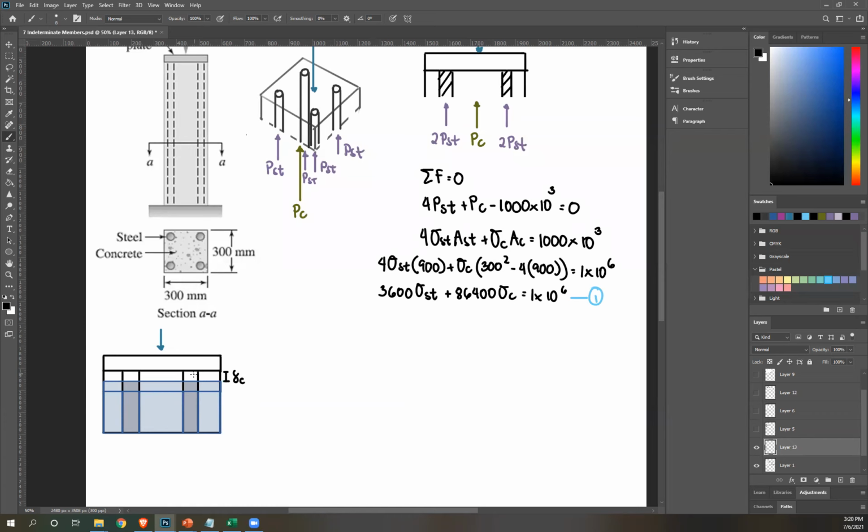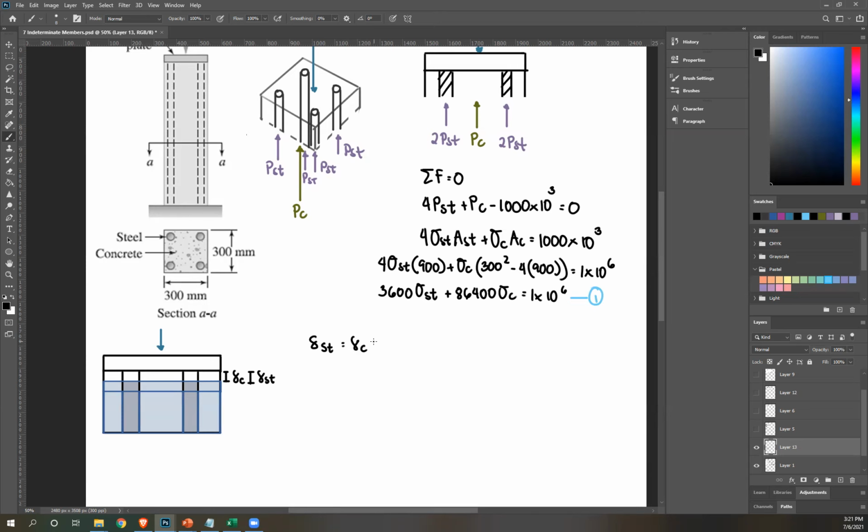And in the same way, this is also how much your steel compressed, so that's your deformation of steel. So based on this drawing, you can see that the deformation of concrete and steel are equal, because they move at the same time. So from that, our compatibility equation now is deformation of steel equals deformation of concrete.